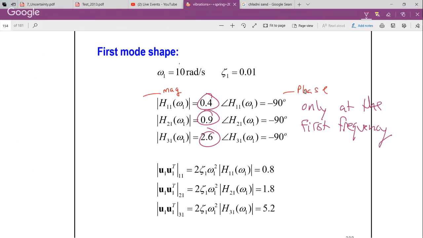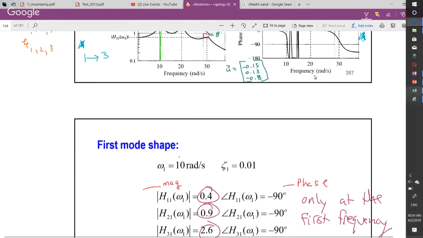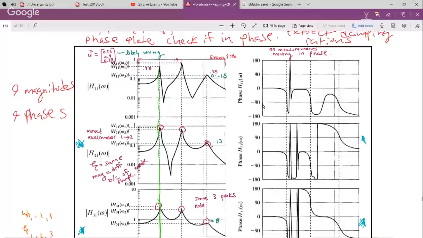They'll show me that they've got a red dot here, here, and here. That's wrong. Why? This is the second natural frequency, and this is the third natural frequency. Nothing to do with the first one. All right, so that's the information that we need.